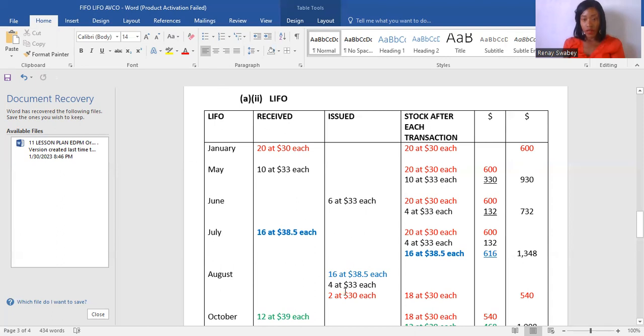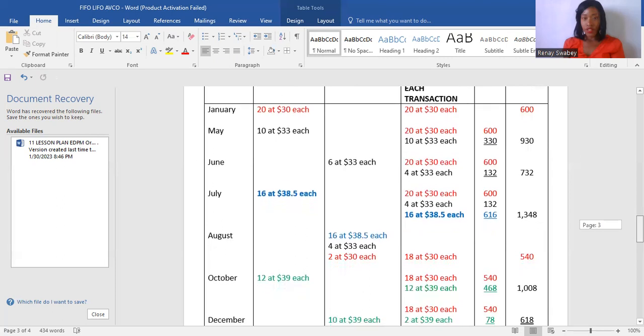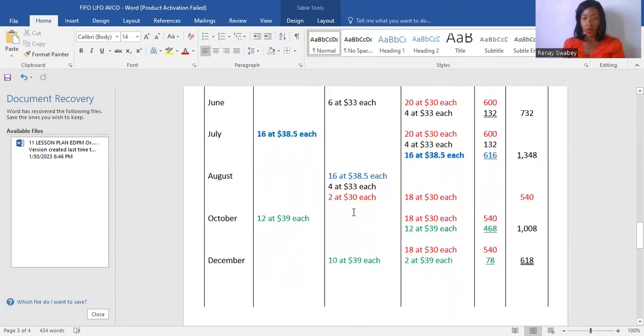Nothing was sold from May after we sold the 4 items in August. They left those that we purchased first that moved on to those that we purchased last, which is this case of strawberries that Selena purchased from Amelia.